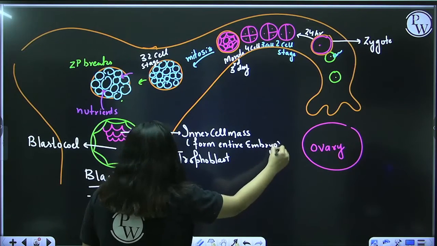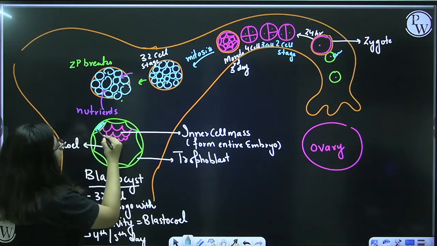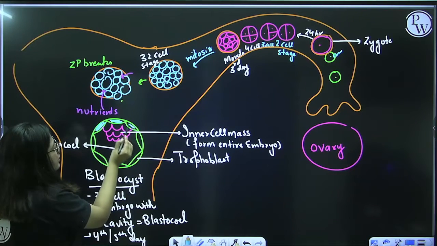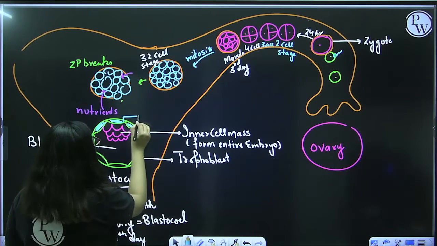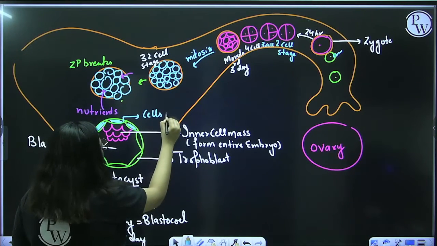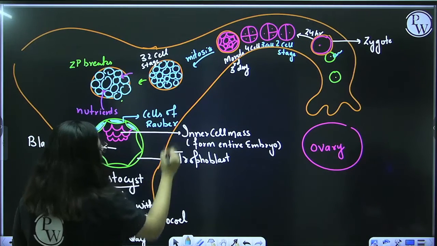Now, there are cells of trophoblast, like these cells which are present near the inner cell mass, and they are known as cells of Rauber. Every cell has a function, and we will talk about them soon.